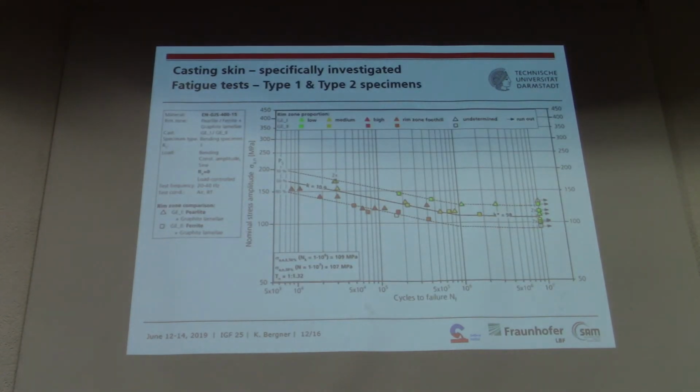And if we classify this now, we see here again the N curve for the specimens with the rim zone, with the roughness, and we see that the specimens having really a thin layer have a higher fatigue strength in comparison to those having 30% proportion of the rim zone in the fatigue specimens.